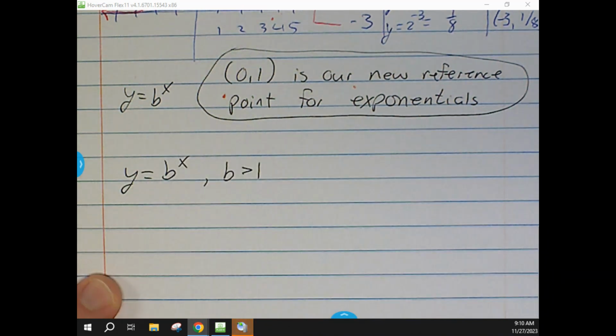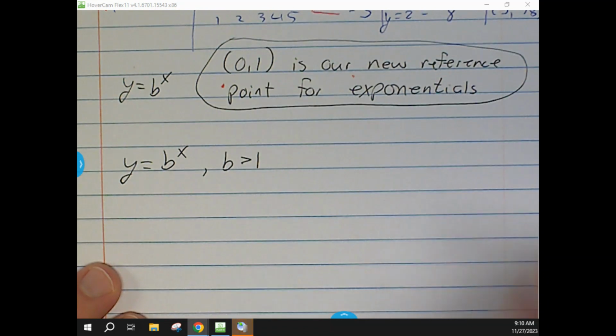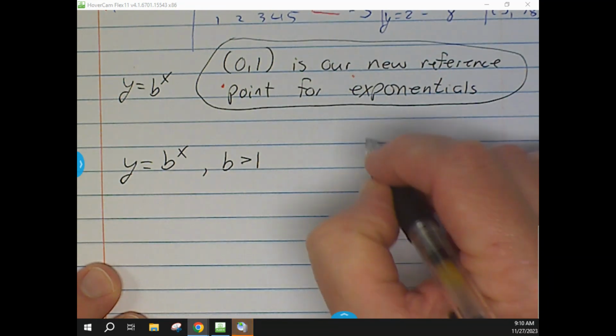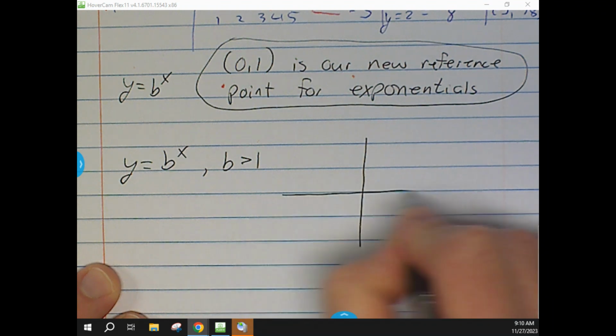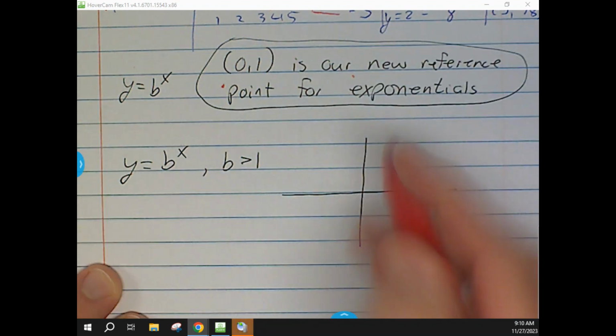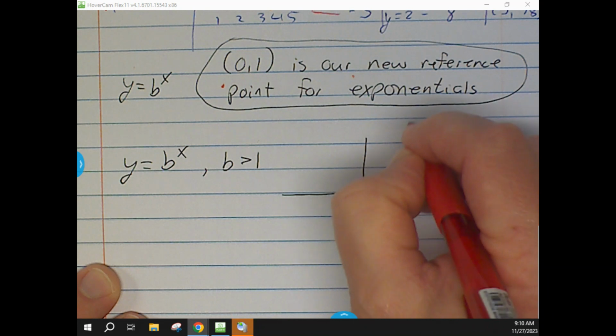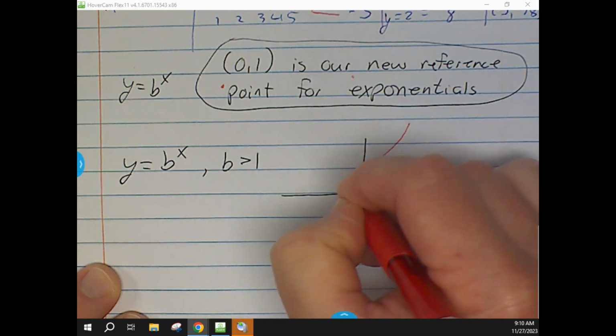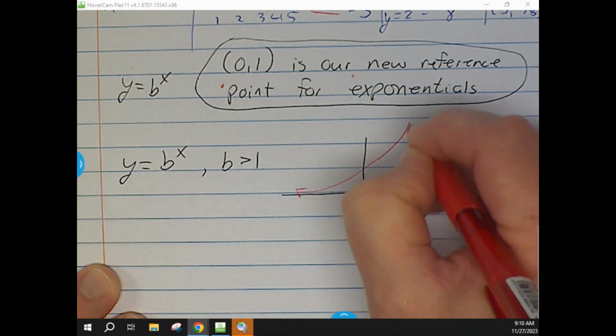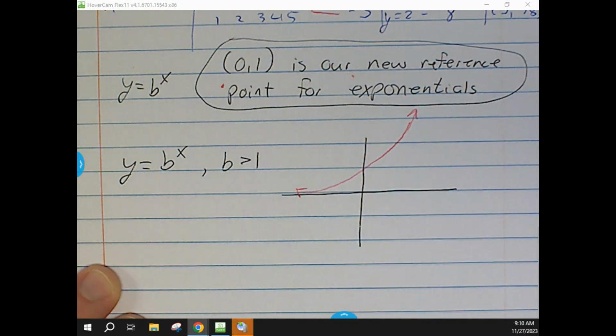So if we're doing y equals b to the x, if your base is greater than 1, that's going to be your basic graph you've got here.